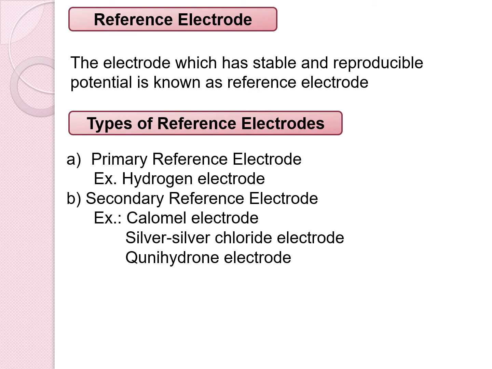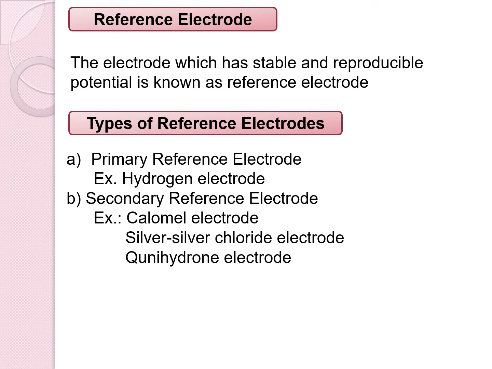See here. The hydrogen electrode's potential value is 0 volt and it produces its value by itself. But if we have to find out the potential value of calomel electrode or quinhydron electrode, then we have to couple this electrode with the hydrogen electrode.